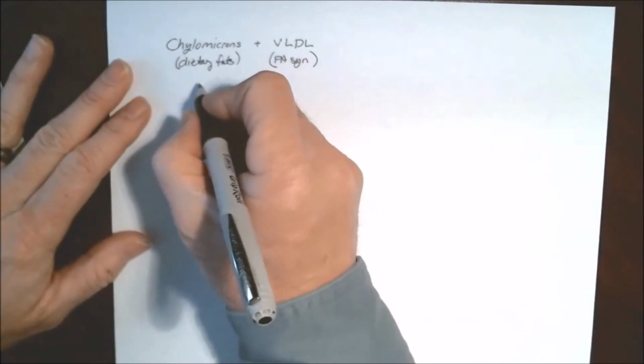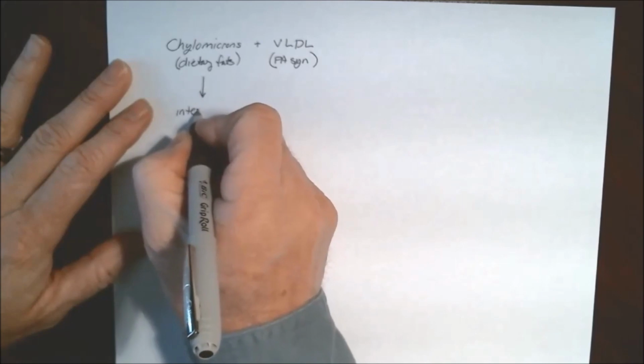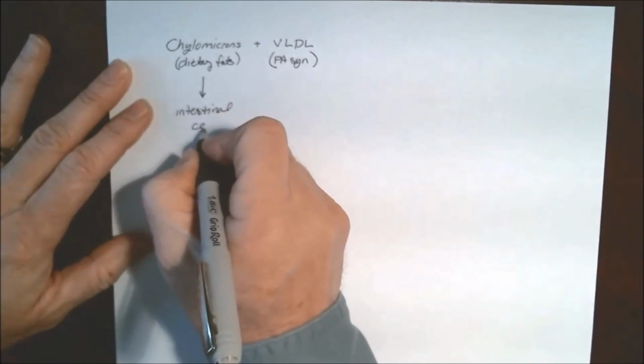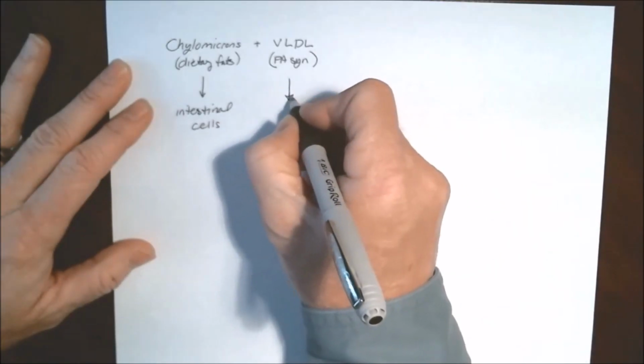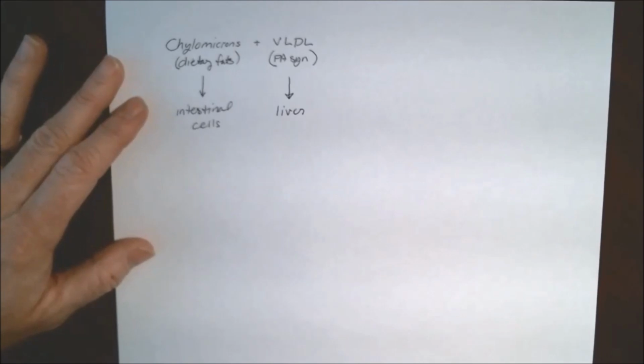So our chylomicrons are secreted by our intestinal cells. The VLDL, of course, is secreted by liver cells, hepatocytes.